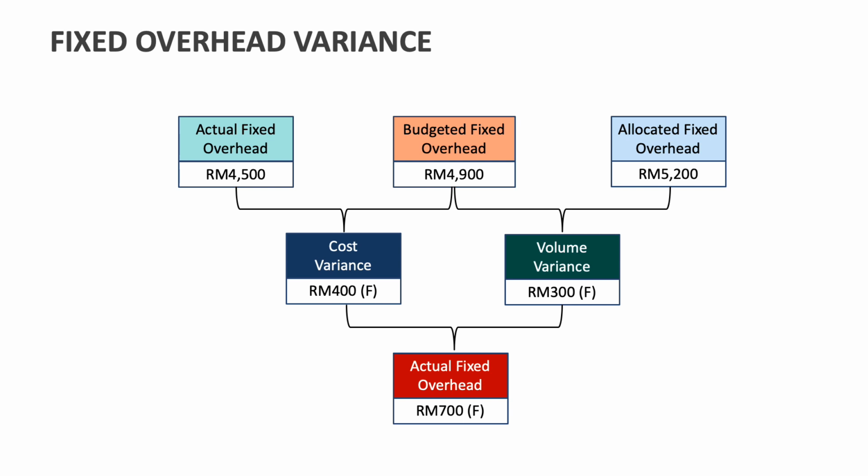But in total, you need to see the difference, or just add them up if they have the same favorable or unfavorable. In our case, both are favorable. It should give you this 700 ringgit in total.